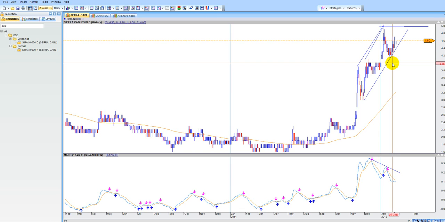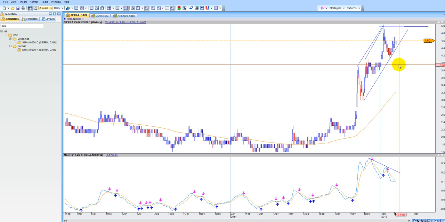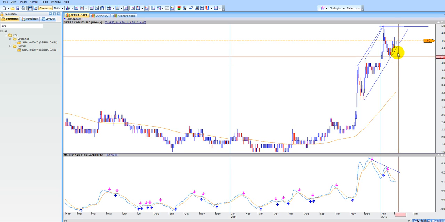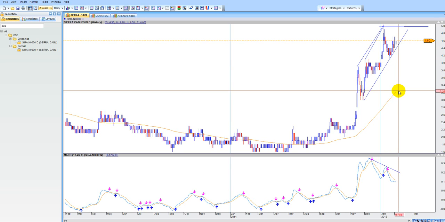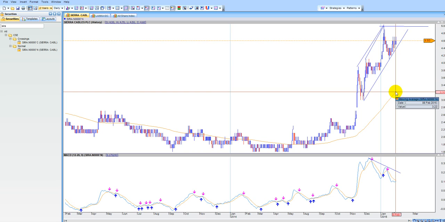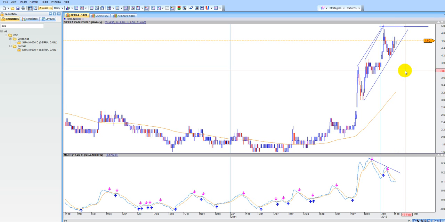So my bias would be to stay out of this particular share until this price corrects itself towards the moving average, which stands around 320 now. That would give us a better opportunity, a safer entry.